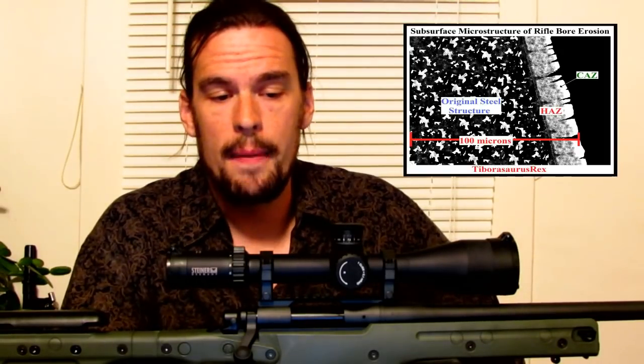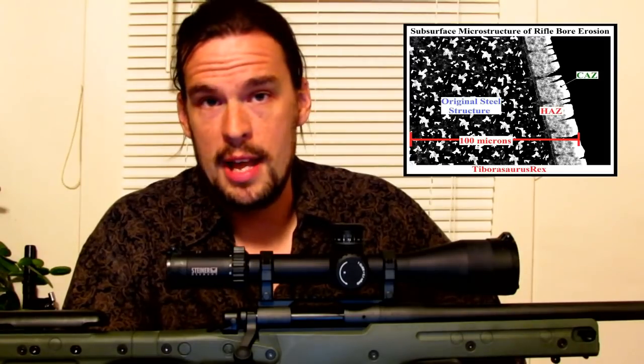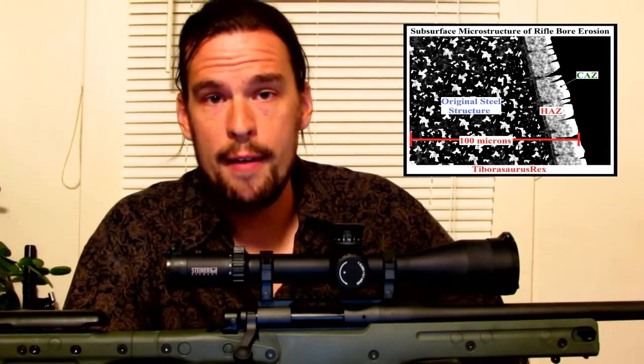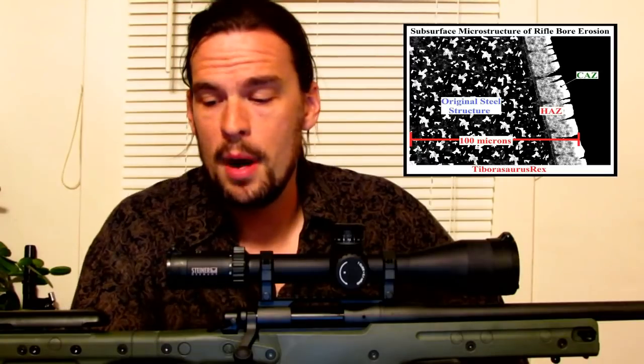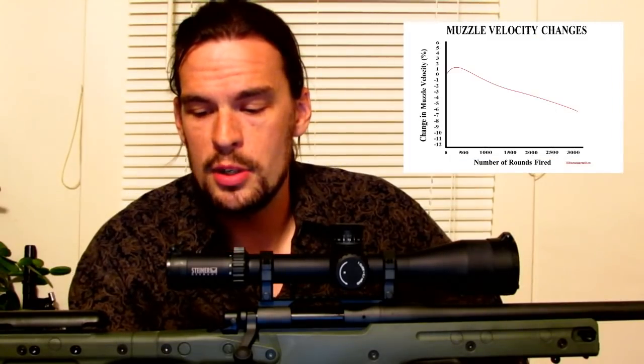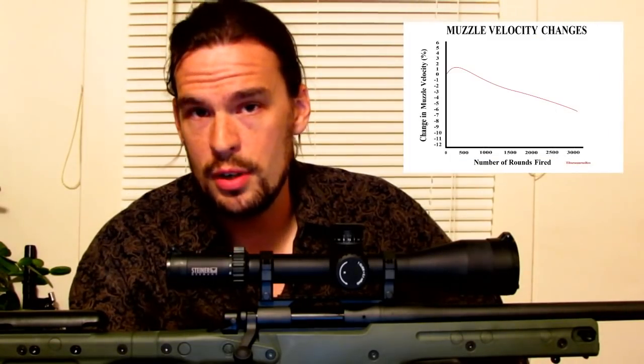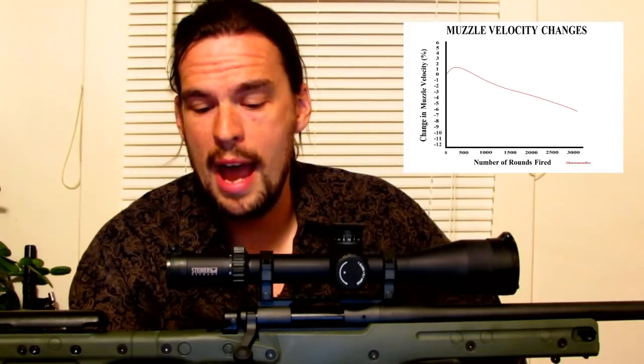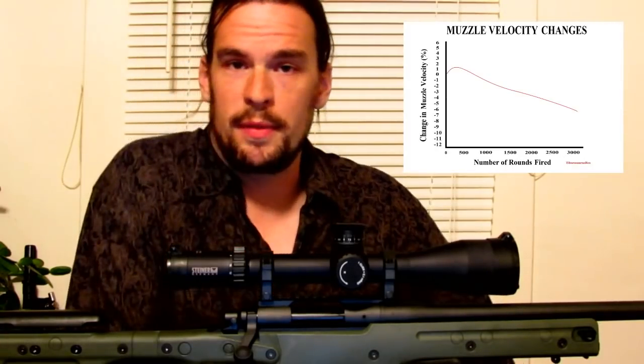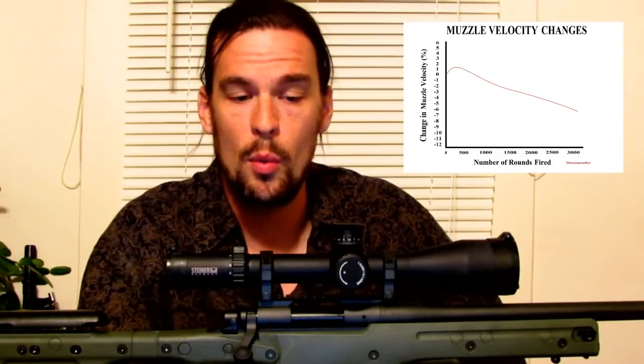One of the big things that can affect your muzzle velocity is your bore and projectile dynamics. There's a lot of different things going on there. As we've discussed earlier, bore wear, as your rifle starts to build up those micro cracks like we discussed in our mechanical erosion videos, will change your muzzle velocity over time. And if you plot it out on a graph, you can see that in the first early part of a barrel's life, as those micro cracks in the microstructure of the bore begin to build up, you actually experience a slight increase in muzzle velocity before it starts to drop off due to wear.